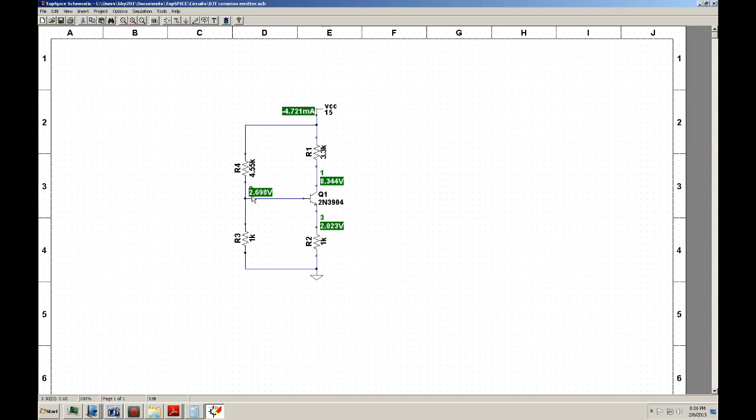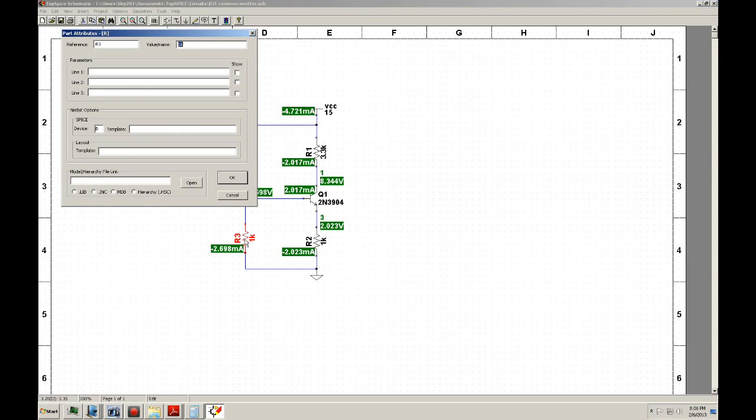Okay, there it is. See? 2.69. See that? And then the QS current. Look. See? About the same. Almost about the same.